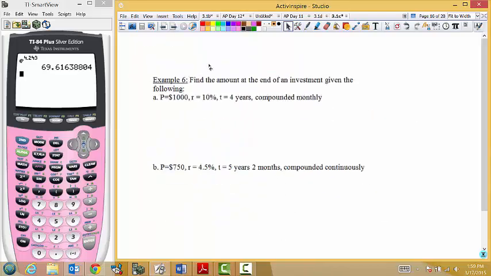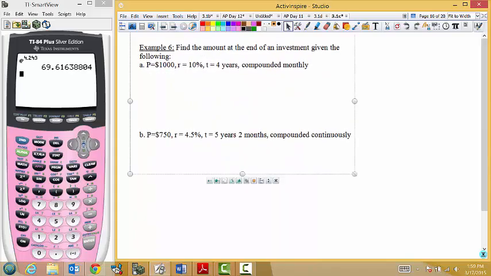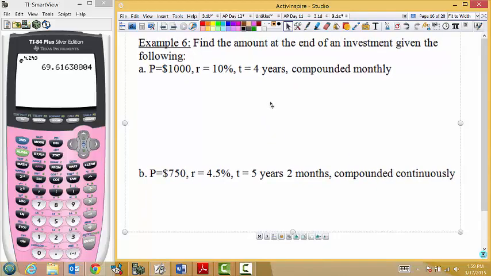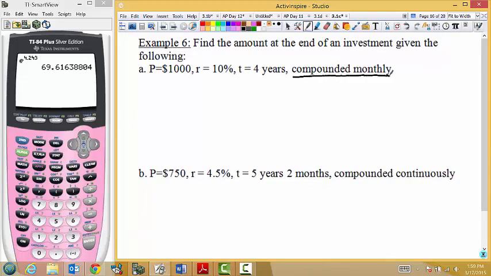So, it says find the amount at the end of an investment given the following. And it says compounded monthly. If it says monthly, I'm going to use the A equals P times 1 plus R over N to the NT formula. If it says the word continuously, I'm going to use PERT.